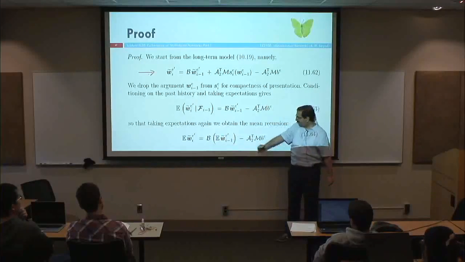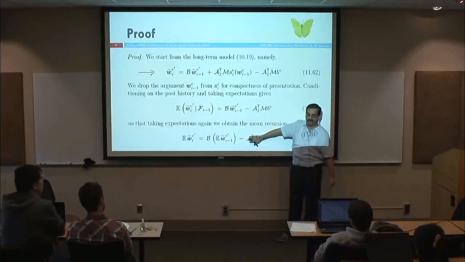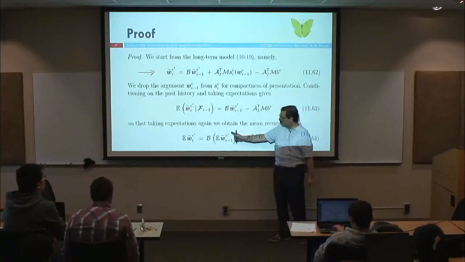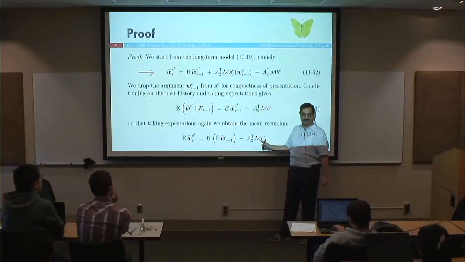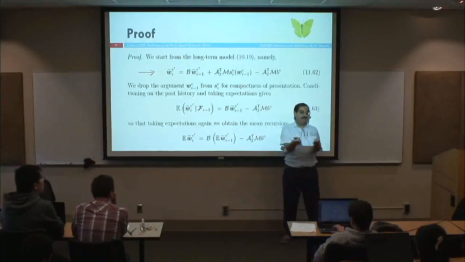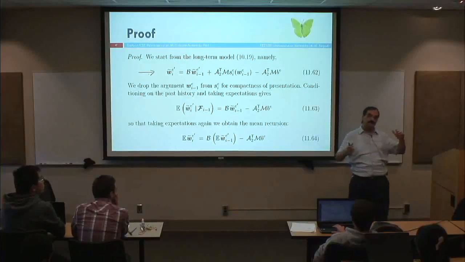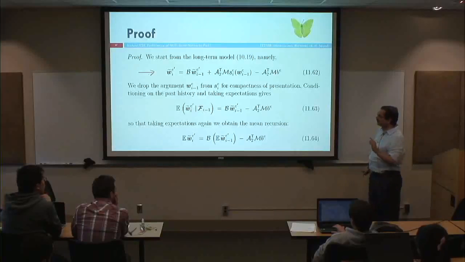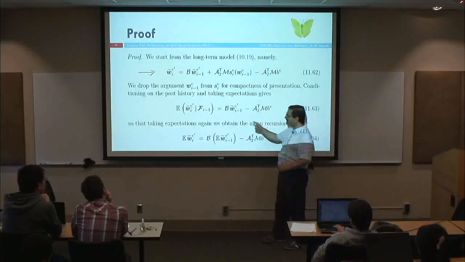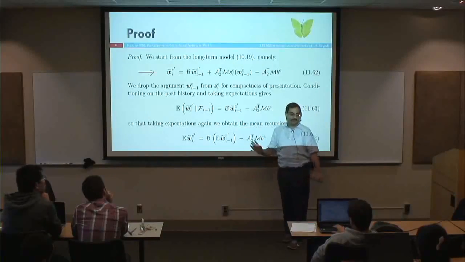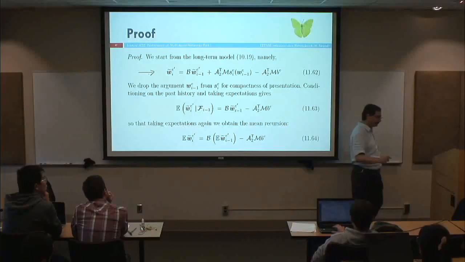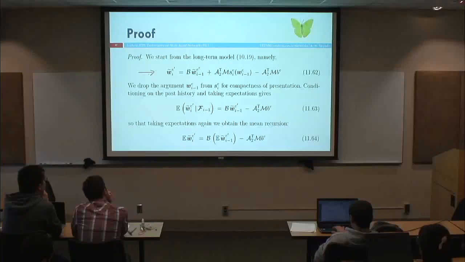If I did not have this term, it would go to 0. But because of this, it will go to I minus B inverse times that. It will go to some steady state value, which is not necessarily 0. So the mean error vector is not asymptotically 0 mean. Correct? It's not.